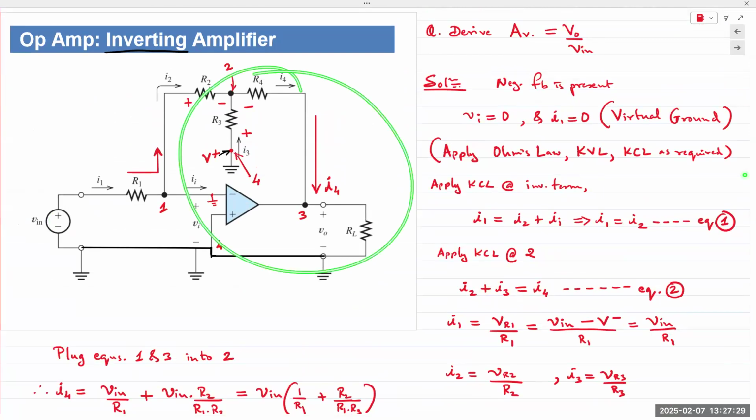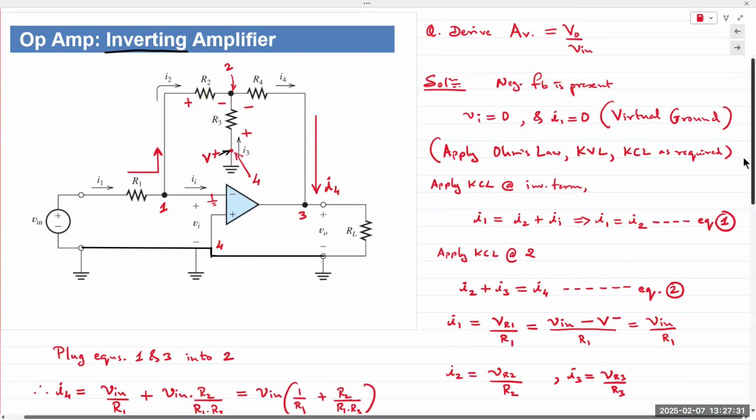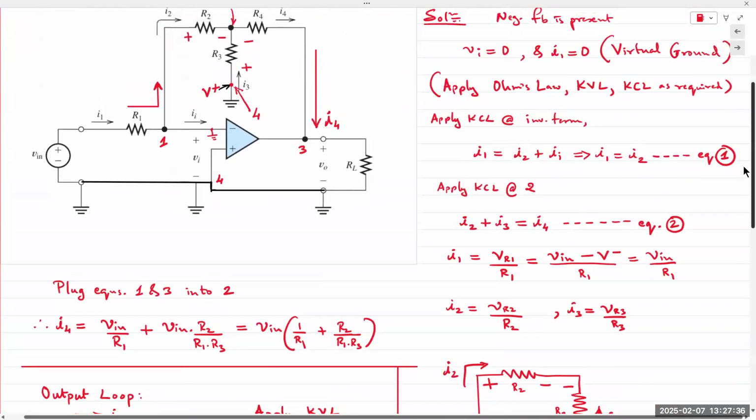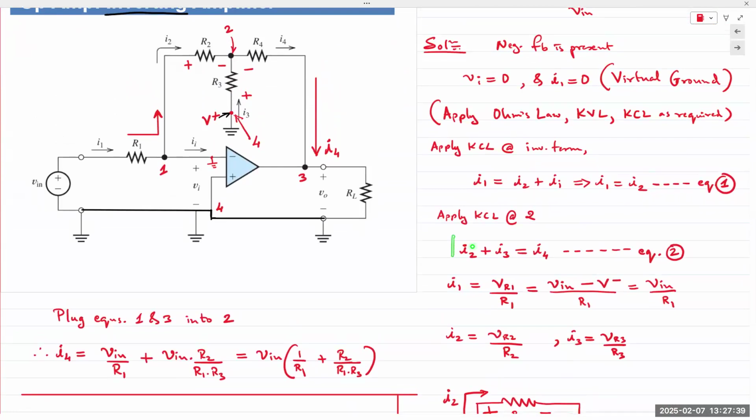If you look at the output loop right here, I can apply KCL at 2, which gave me I2 plus I3 is equal to I4. One current coming in, second current coming in, a third current going out.